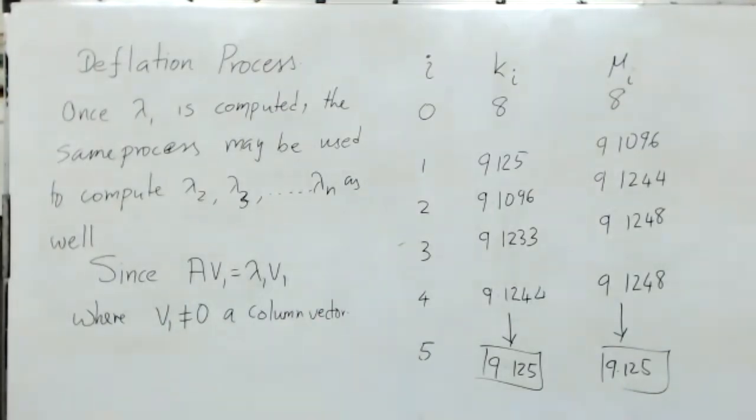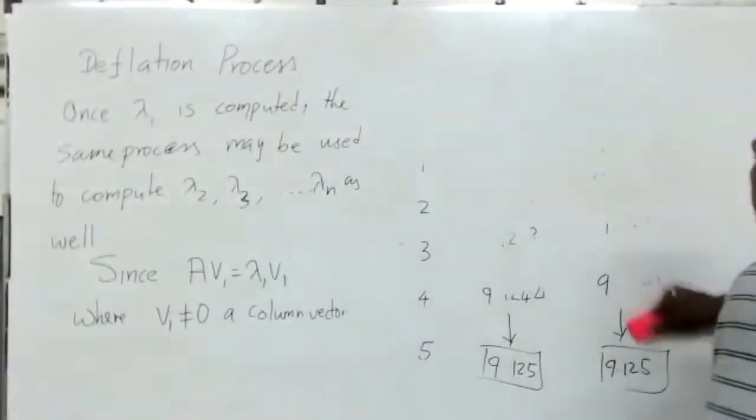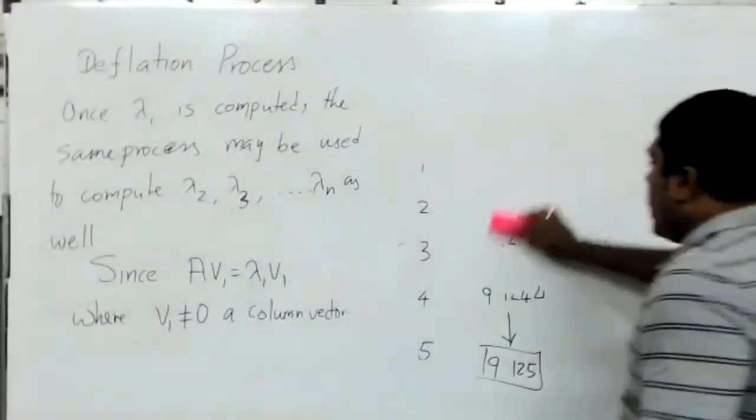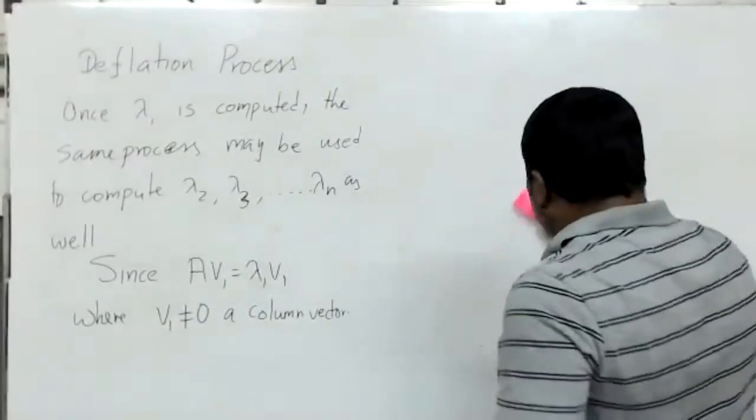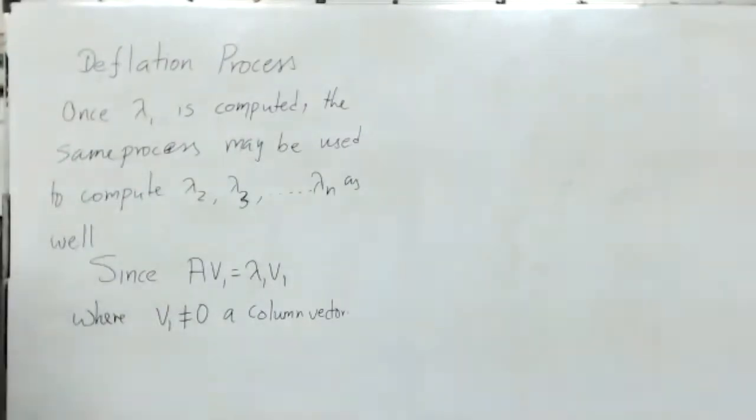So now what we are going to do is implement something we studied in the first chapter, called the elimination process. In the first chapter, we studied two different elimination processes. One is by multiplying by an elementary lower triangular matrix, you can eliminate elements below a certain row. That is Gaussian elimination.